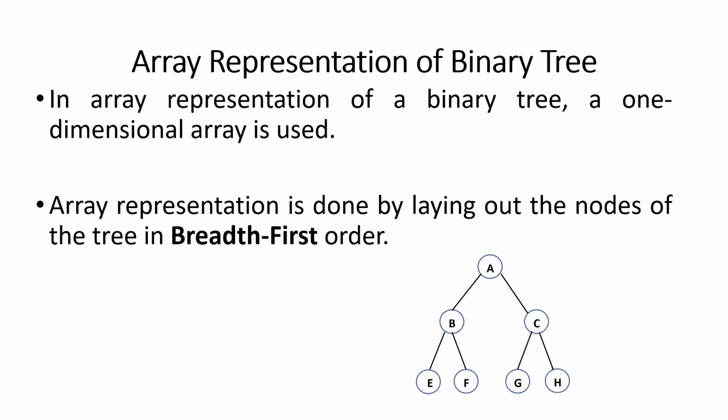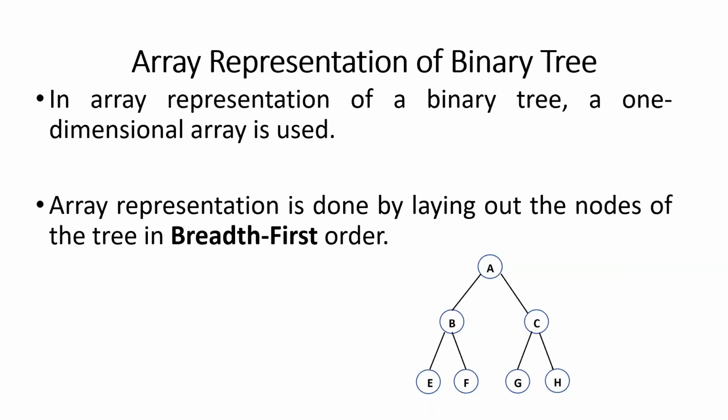In array representation of the binary tree, a one-dimensional array is used, as we have seen for all other data structure representations. Here also we will make use of a single dimensional array to store the values of the binary tree. The array representation is done by getting the values from the binary tree in the breadth first order.